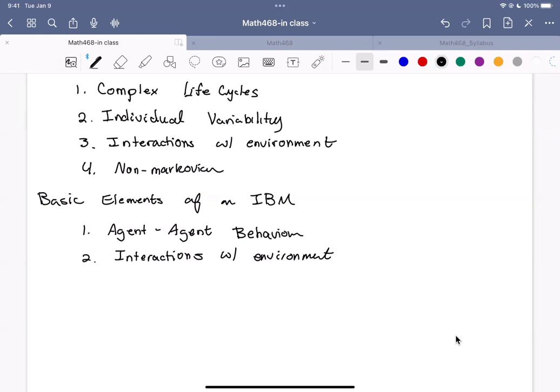And this individual variation. So when you want to capture things about individuals, like transmission rates or individual decisions, you really need an individual-based model.